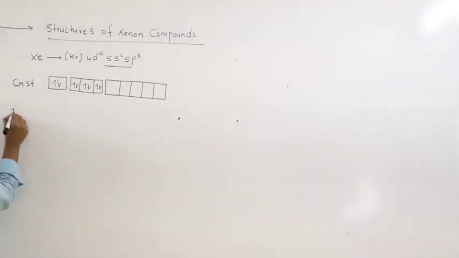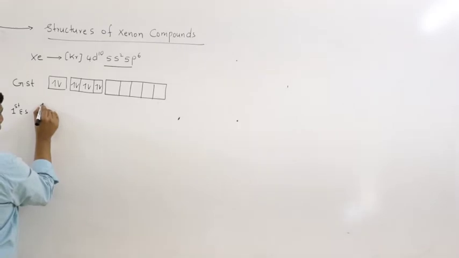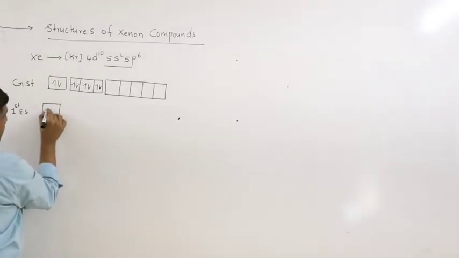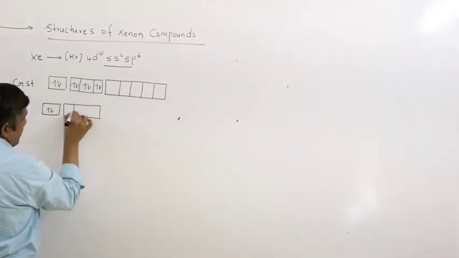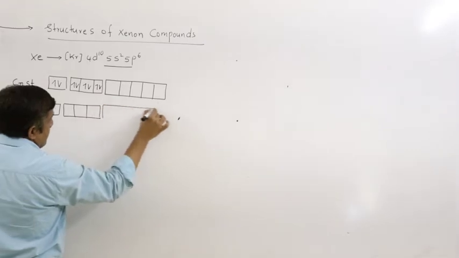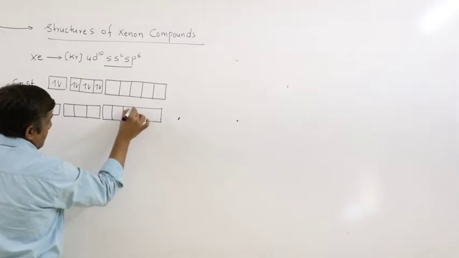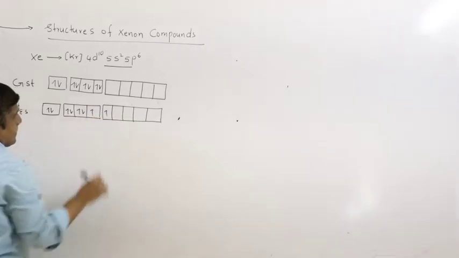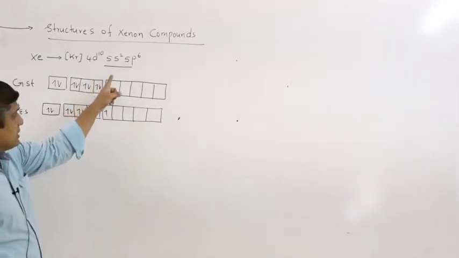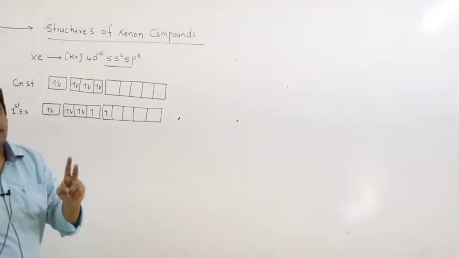If I go to the first excited state, one of these electrons is excited to a higher d orbital. In the first excited state there are two unpaired electrons.